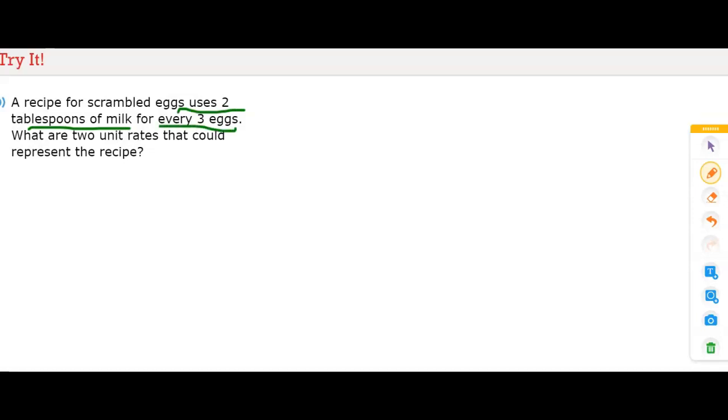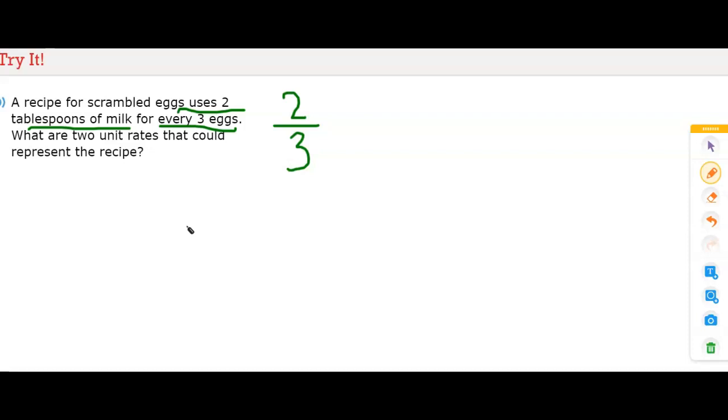So that's going to be our unit rate for the egg. The milk to the eggs. So we're going to have 2 to 3. That's going to be our ratio. And then now we have to solve for 1 tablespoon of the milk.